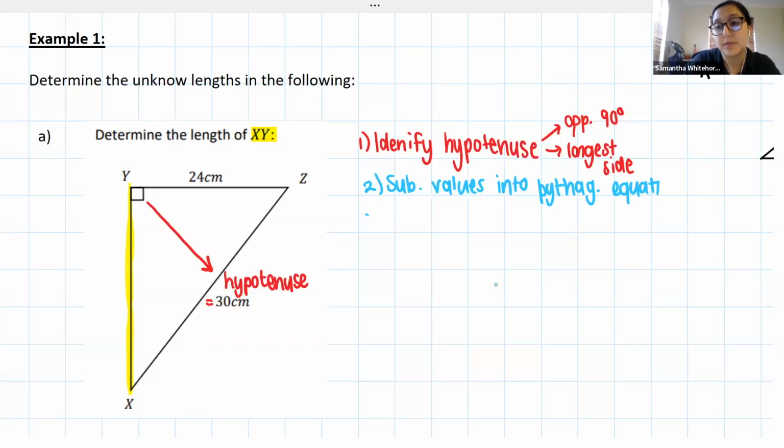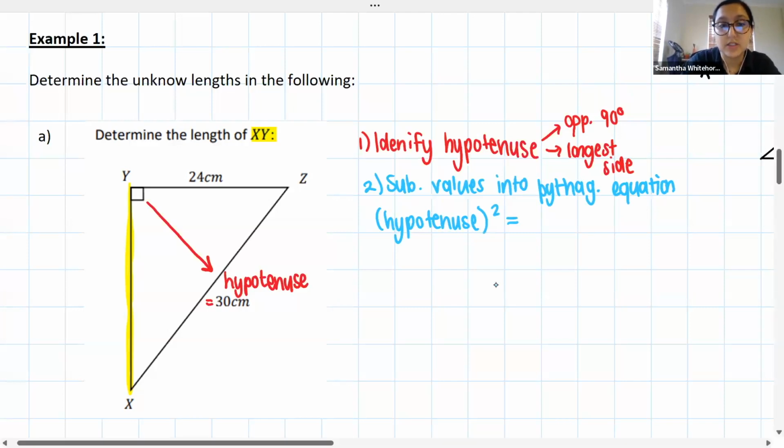That probably makes a bit more sense. So my Pythagorean equation is the hypotenuse squared is equal to the sum of my two other sides squared. So my two other sides are xy squared plus yz squared.